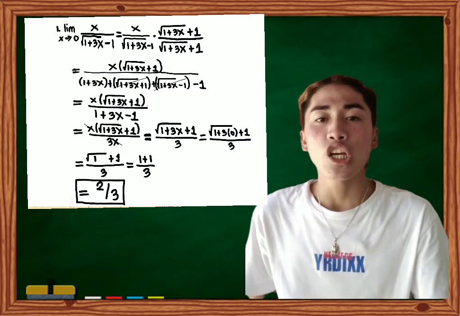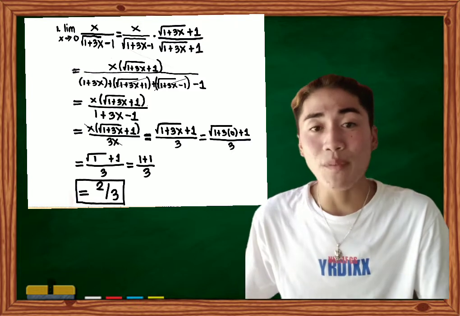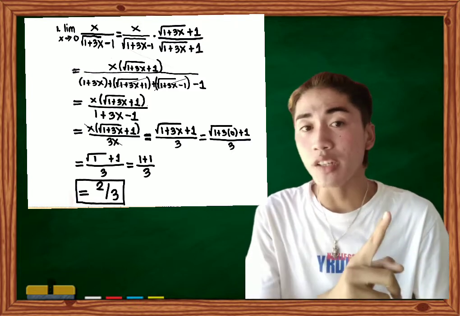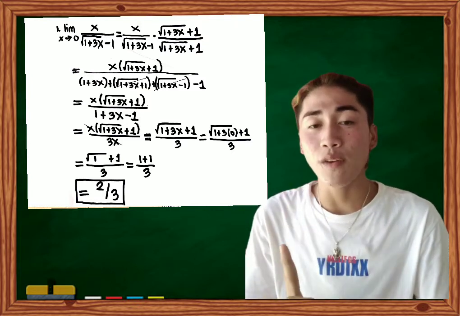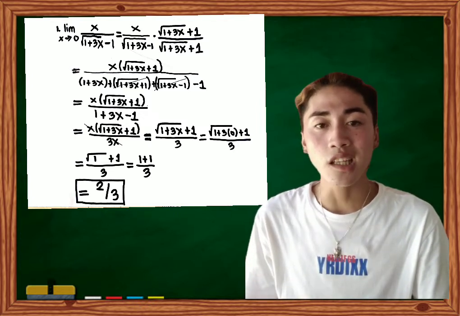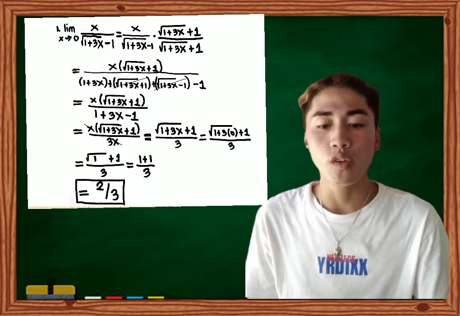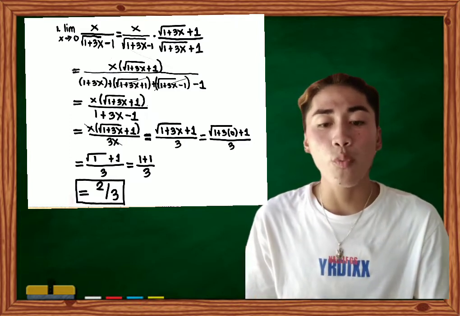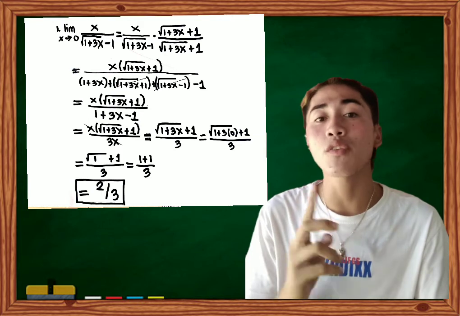After that, you should cancel x from the numerator and the x from the 3x, so you obtain 3 in the denominator. So the square root of 1 plus 3x plus 1 all over 3.